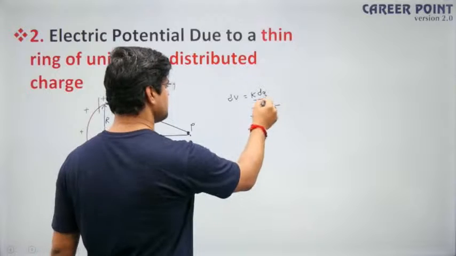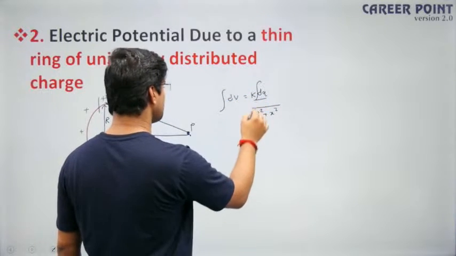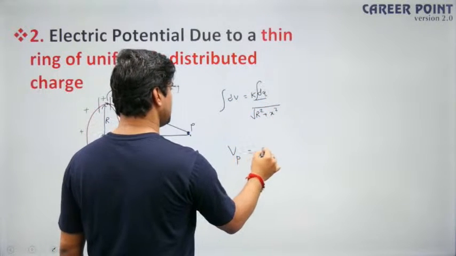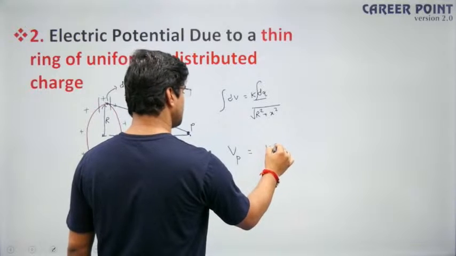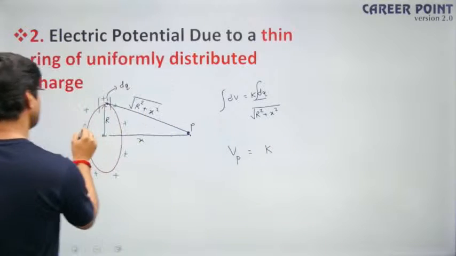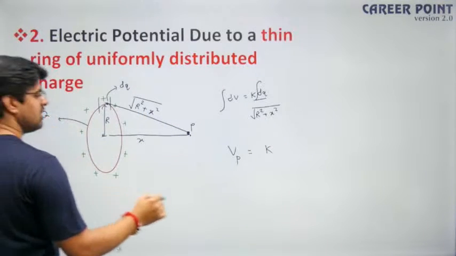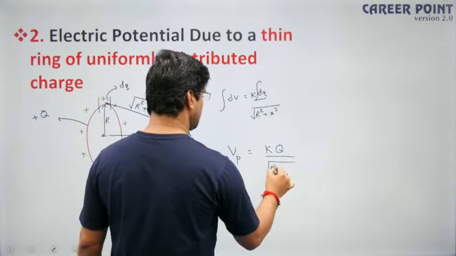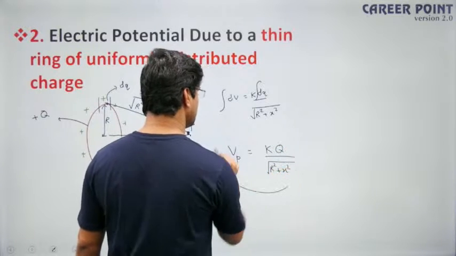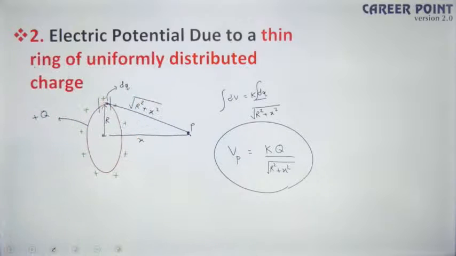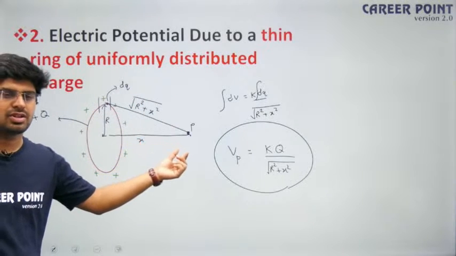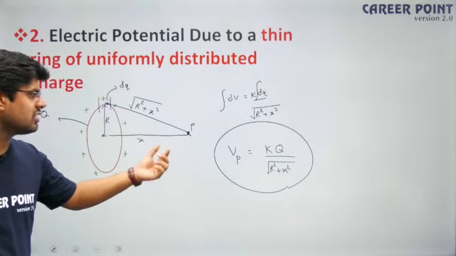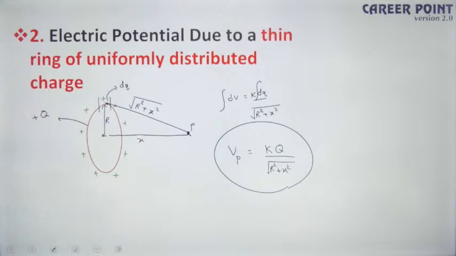This dq will become q, and Vp will be equal to k times total charge q. Suppose total charge is plus capital Q, I can write kQ divided by under root r square plus x square. This is going to be the potential at a point present on the axis of the ring.